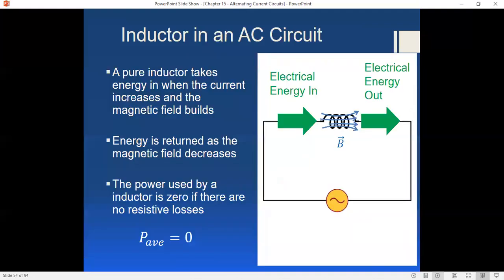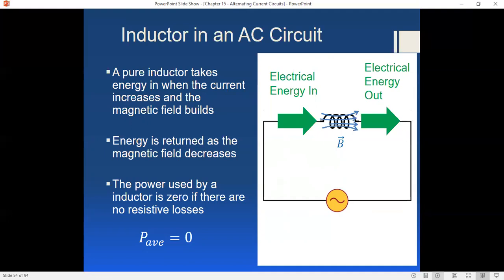Again, visually, if you want to think about what's going on, energy goes into the system as the magnetic field builds up, okay? And then as the magnetic field dies out, because it's going to oscillate, okay, it'll go back to the system. All right. One thing that I didn't talk about, by the way, a capacitor and an inductor can actually give off energy even without resistive losses.